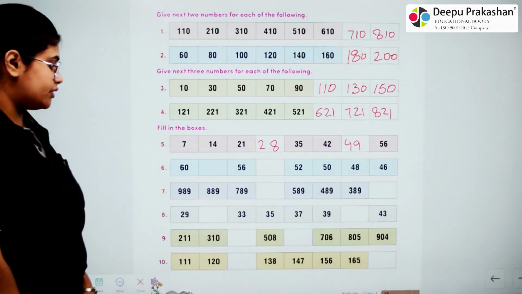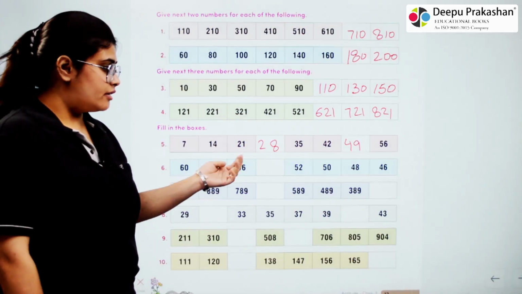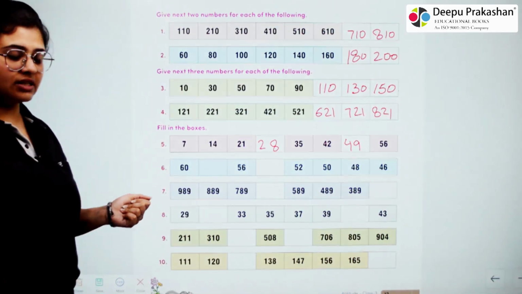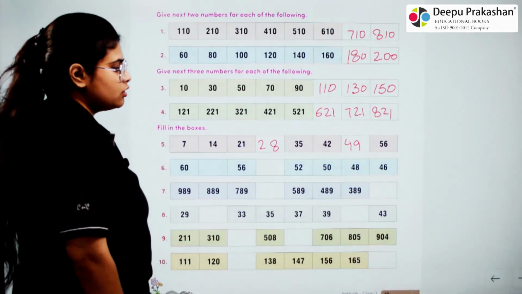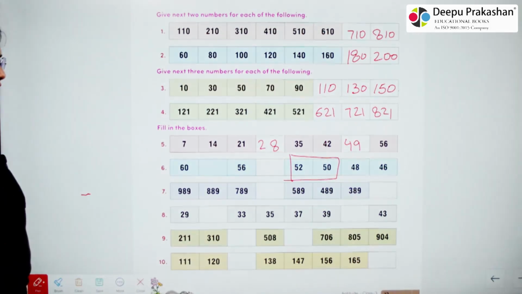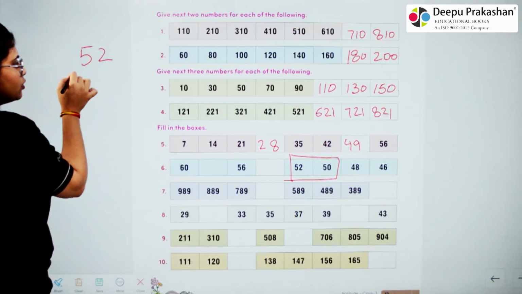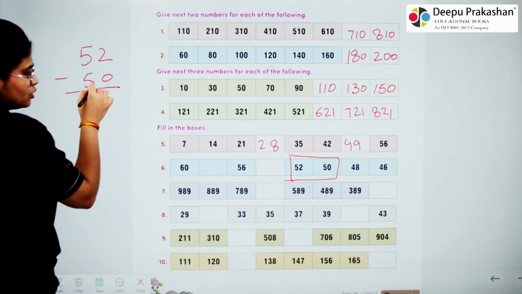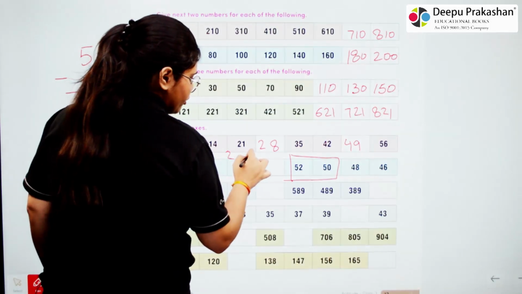Sixth, we are given 60, dash, 56, dash, 52, 50, 48, 46. So here if we look at these two numbers 52 and 50, if we subtract 50 from 52, we get the answer as 2. That means in these numbers there is a difference of 2.